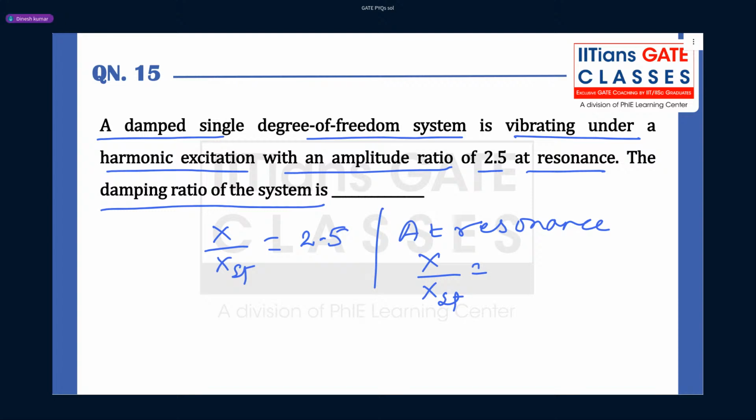At resonance, x by x static will be 1 upon 2 zeta, and it is also known as the quality factor. In the last session, or I think the one before, there was a quality factor problem. So the amplitude ratio at resonance is known as the quality factor, right? Yes or no, guys? Anybody can respond?